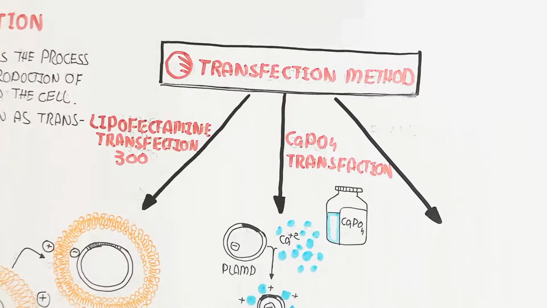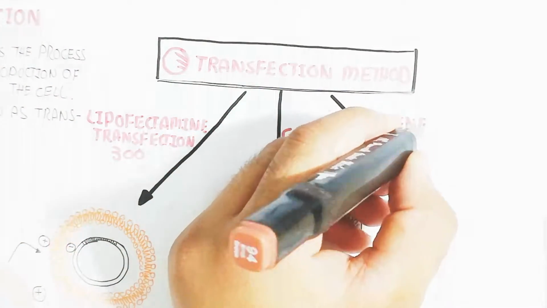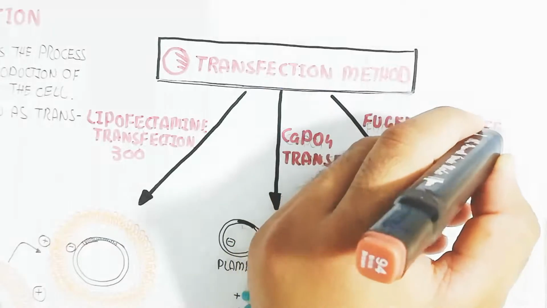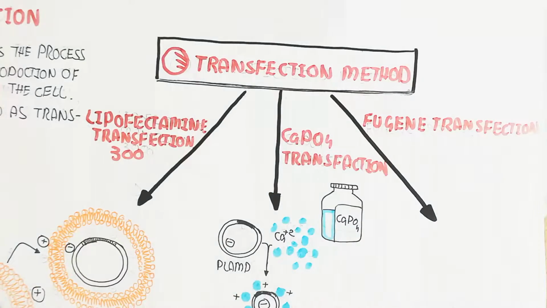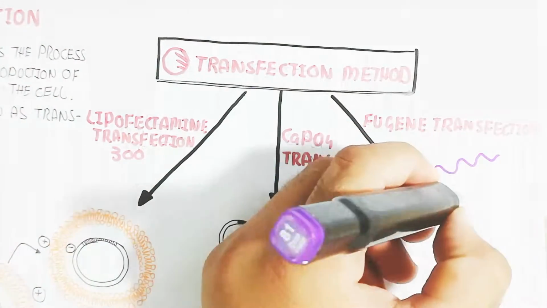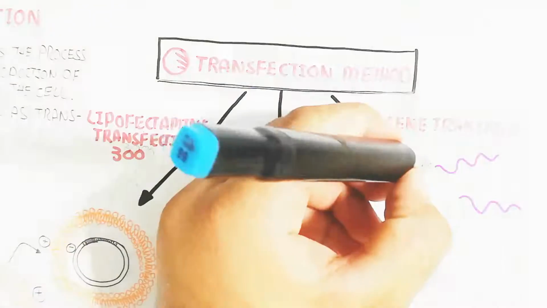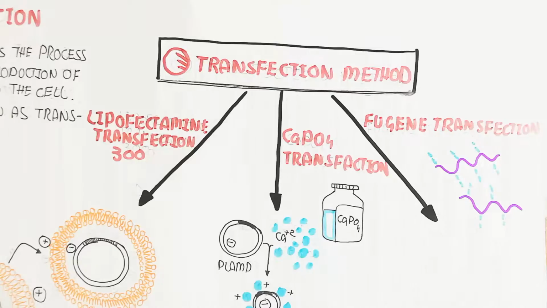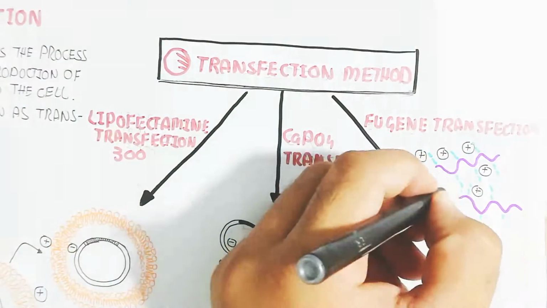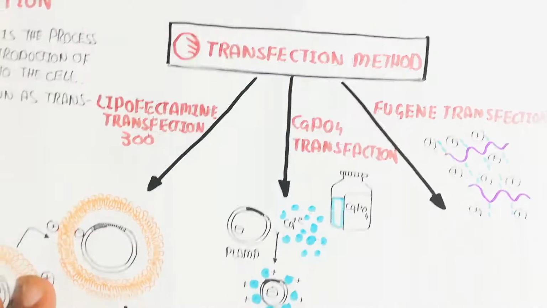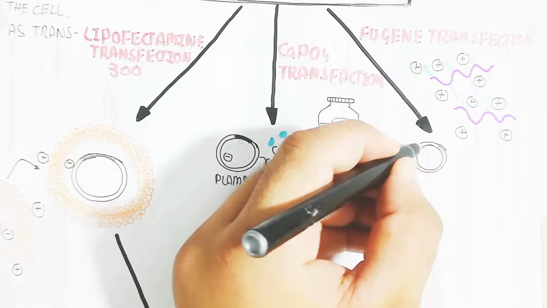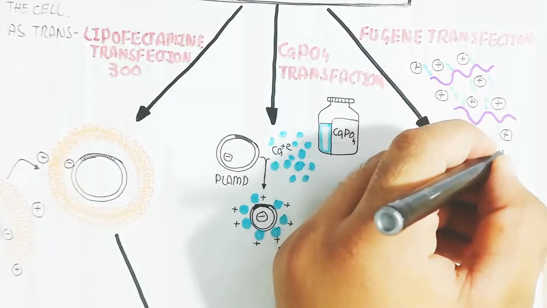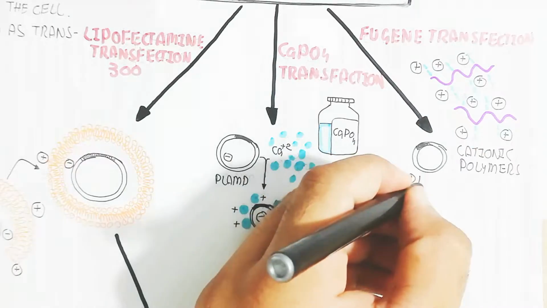But in the case of polymer-based transfection, it involves cationic polymers. These cationic polymers contain a positive charge which attracts the plasmid to form a conjugation-like structure, which will move toward the negative charge attraction in the plasma membrane to form an endosome, known as endocytosis.